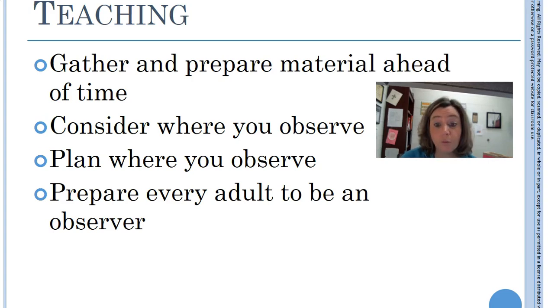When you're observing while you're teaching, you want to make sure that you are gathering and preparing your materials ahead of time. So if you are going to be using a checklist, you need to have that checklist created before you actually do your observations. Consider where you observe, plan where you observe, and make sure that everyone in your classroom is trained, per se, in observing.